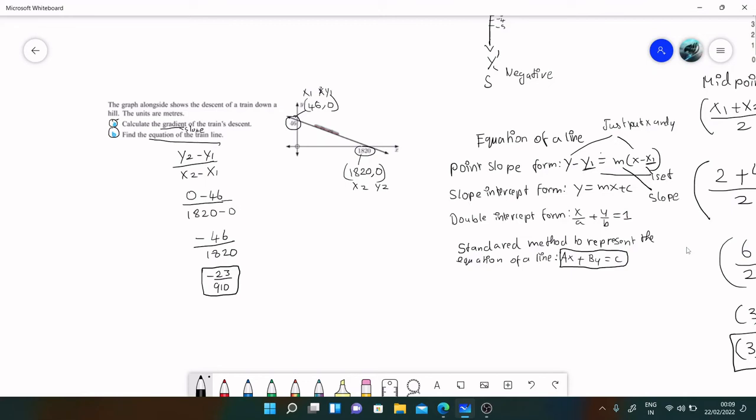So what information do we need here? A slope and one set of values that fall on the line. Then the slope-intercept form: again, this is our slope, and this is actually our y-intercept, and then x and y.